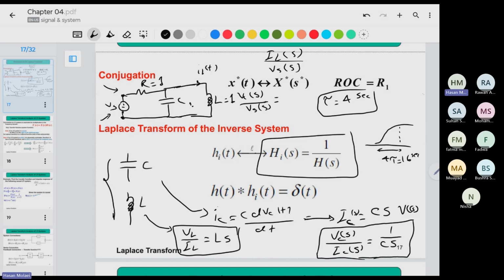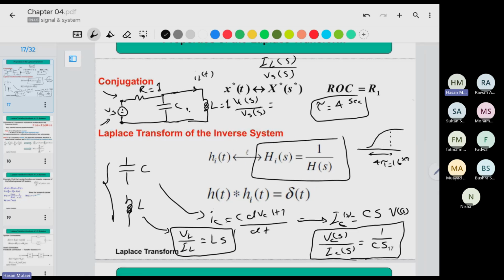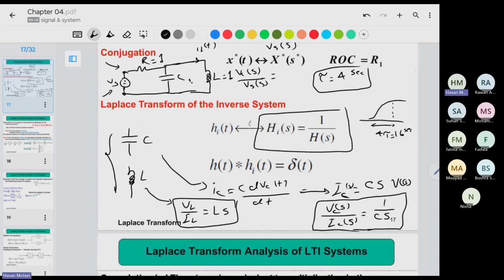This is a second order transfer function. We want to see what is going to happen in the time domain. Now we are modeling our circuit as a transfer function, as a control system, with all of R, C, and L equal to one.